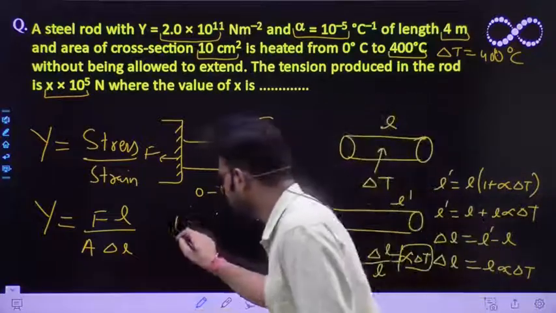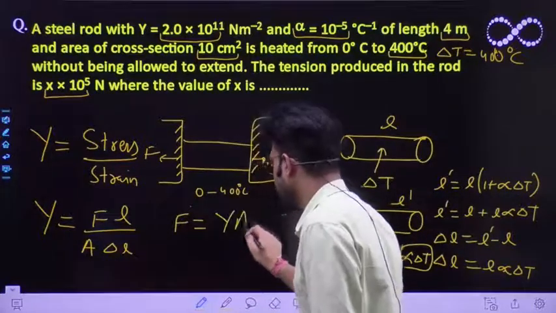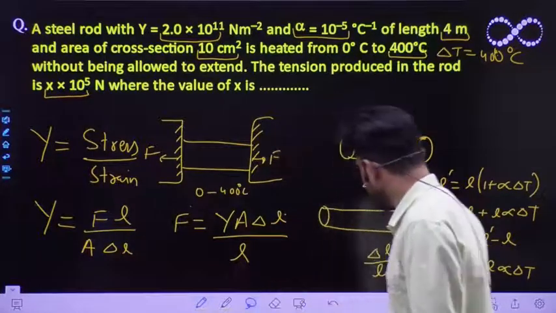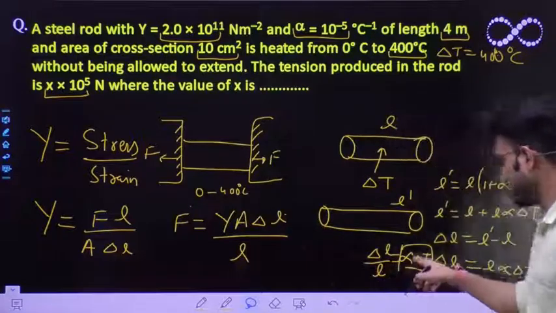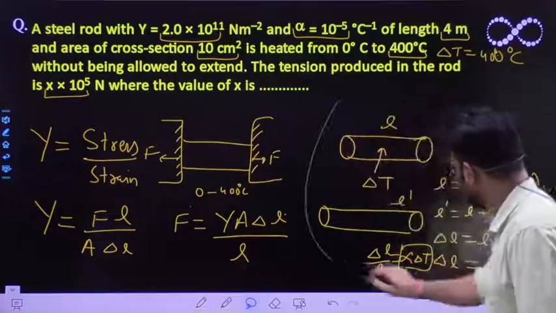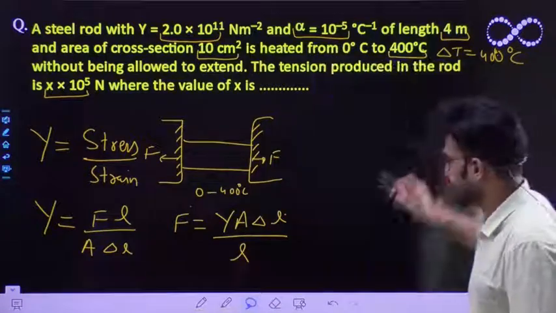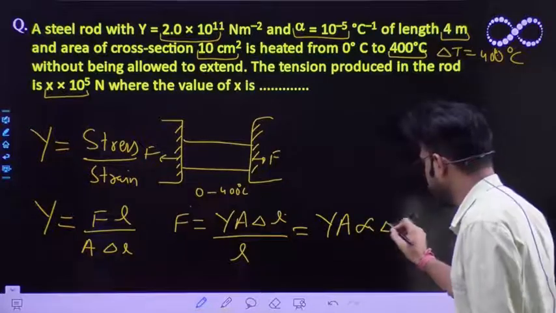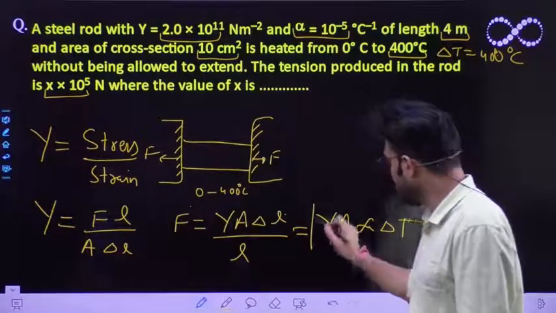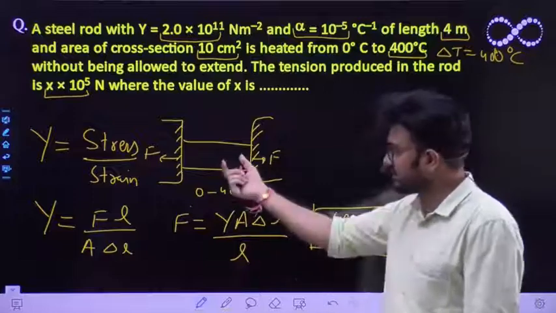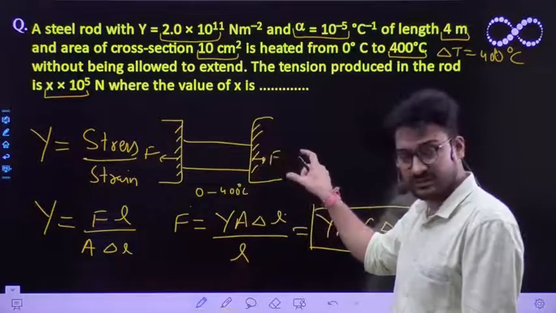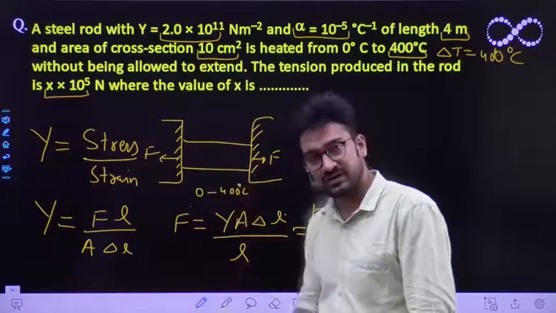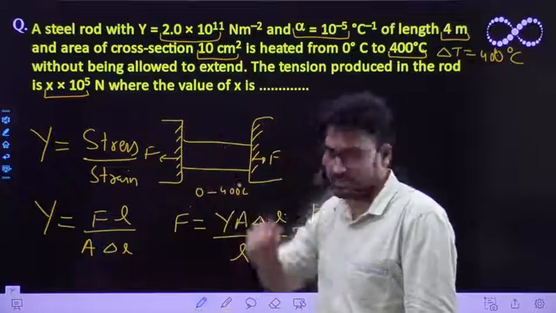So this force value comes out to be Y A del L by L, and del L by L is equivalent to alpha delta T. So we'll write it as Y A alpha delta T. This is the value of force that this rod will apply on the side walls, and this is also the same value of tension which is stored in the steel rod.